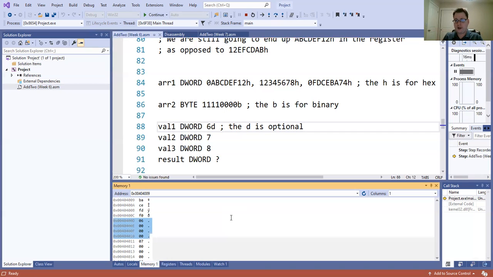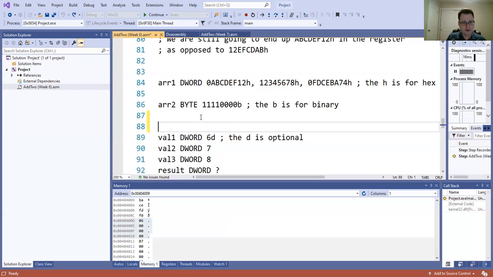Well, it would be 7 zeros and then the 6 at the end. So that's what your 8 hex symbols would look like. And then from there, we're just applying the usual rules of little endian order. So that's the important thing to keep in mind. That declaration of val 1 is the same as this.